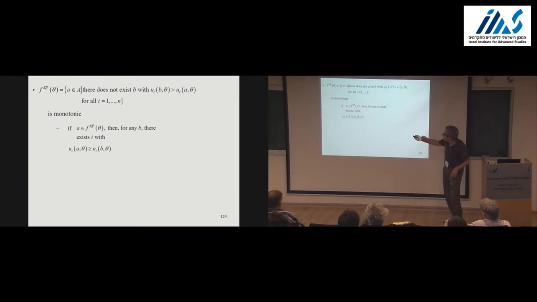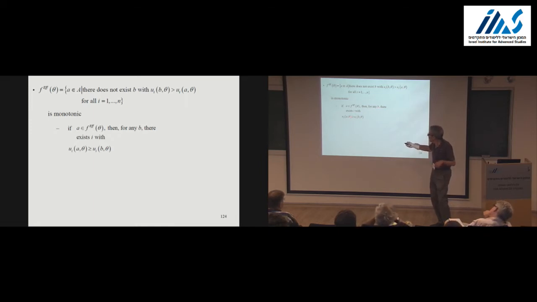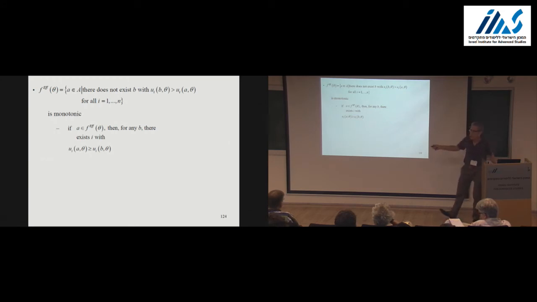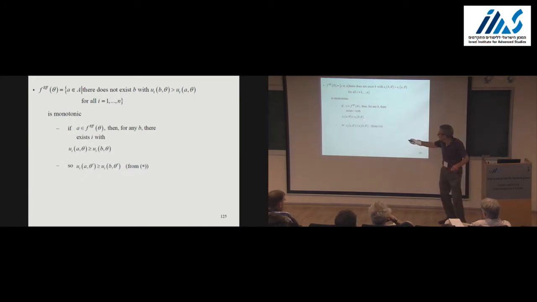So if A is Pareto optimal in state theta, that means that for any other outcome B, there is somebody who thinks A is at least as good as B. Otherwise, B would Pareto dominate A. But in going from theta to theta prime, that same person must think A is at least as good as B in state theta prime as well.